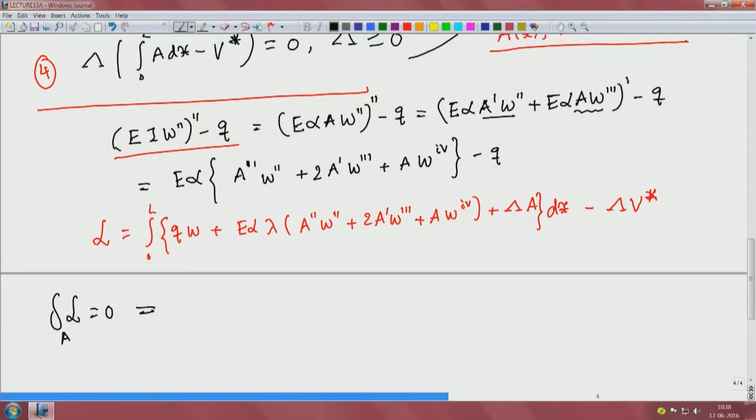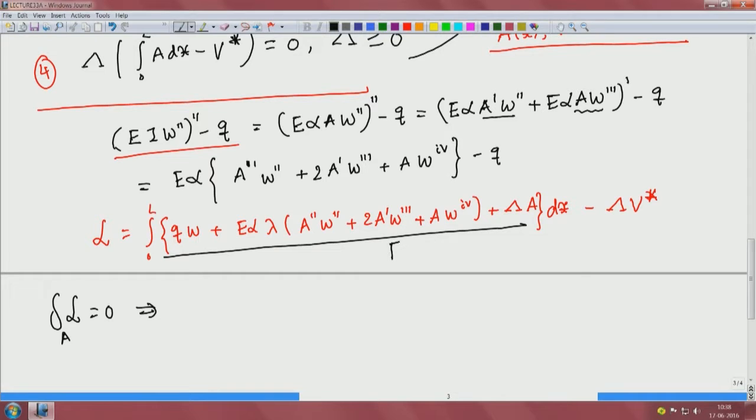So, we have to write Euler-Lagrange equation by taking the variation of the Lagrangian with respect to a. So, if I call this whole thing as my integrand f, then I have to write dou f by dou a. a is here, a is also here, and we also have a prime here and we have a double prime here.